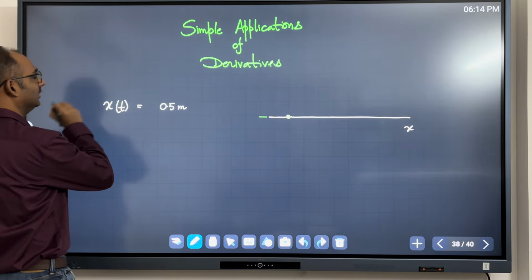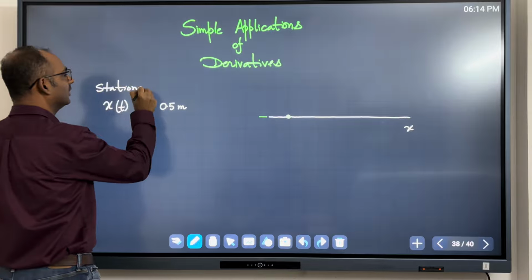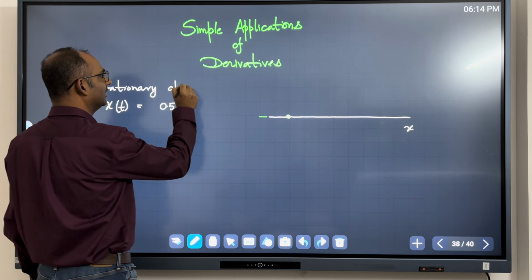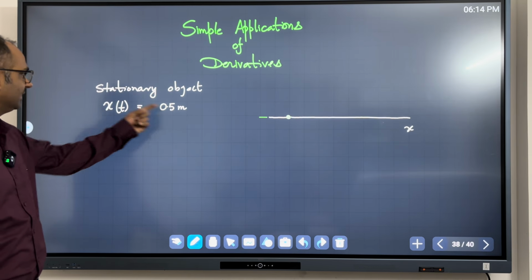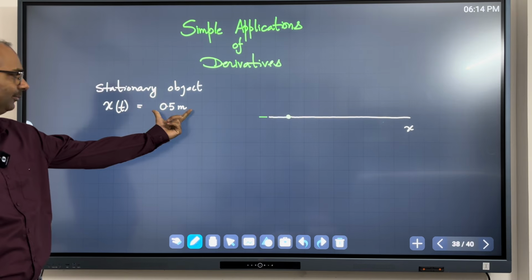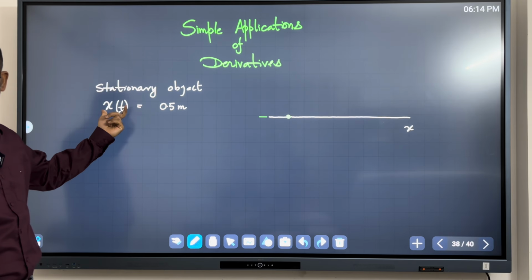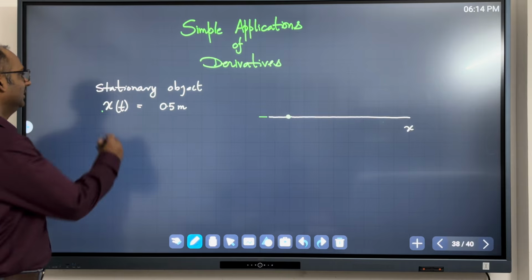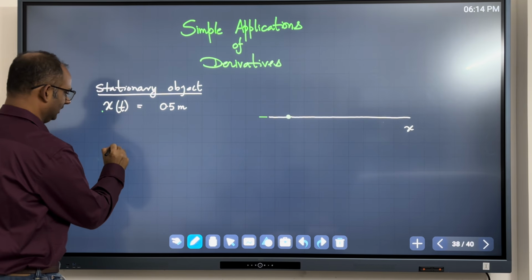This is a stationary object. Let's keep checking: is the dimension correct on both sides? That's meters, that's the unit of length, so that's fine. Okay, that's a stationary object.